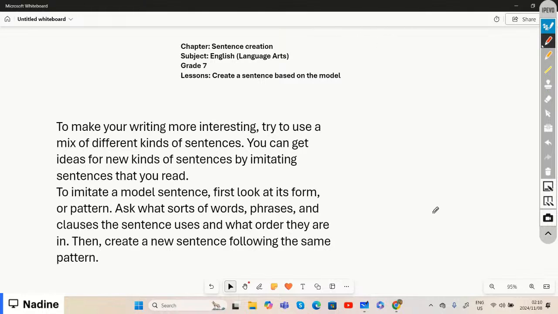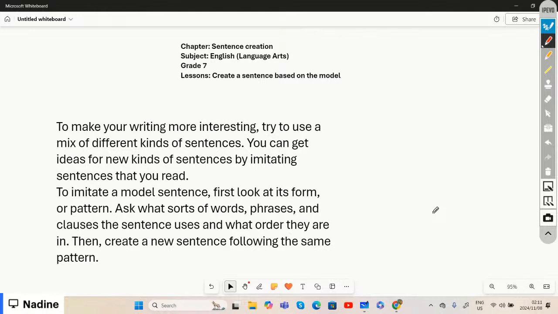All right. So we're going to try and create a sentence based on the model. We see that in order for us to make writing more interesting, you need to try and use a mix of different kinds of sentences.